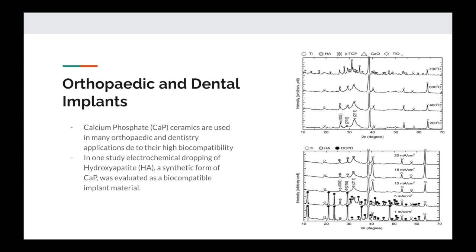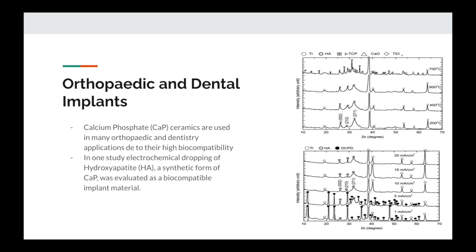In orthopedic and dental implants, biocompatibility is one of the most important characteristics that must be determined. In a study I found, the researchers looked at calcium phosphate ceramics, which are used in many orthopedic and dentistry applications as they're very biocompatible, and synthetic hydroxyapatite, a form of calcium phosphate, is a major component in bones and was studied intensively in their research.